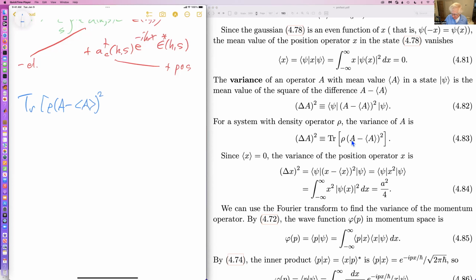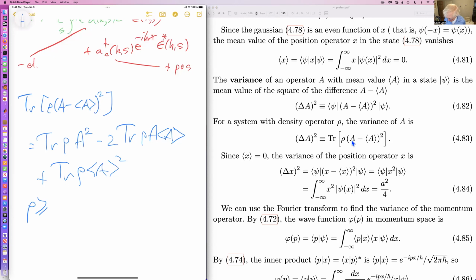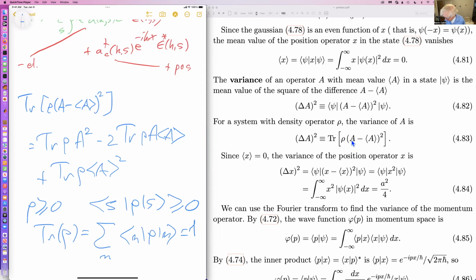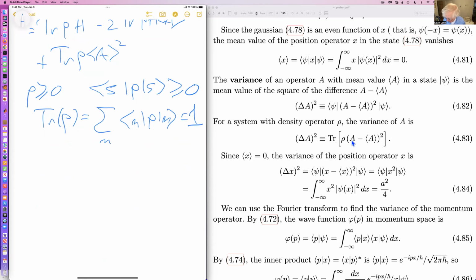Well, the density operator, which I should have mentioned to you, has several properties. It's non-negative, which is to say the average value in any state S, S rho S, is always non-negative. The trace of rho, which is the sum over a complete set of states of n rho n, is equal to unity, which means that this is the probability that the system is in state n, and it's got to be in some state, so they have to sum to 1.